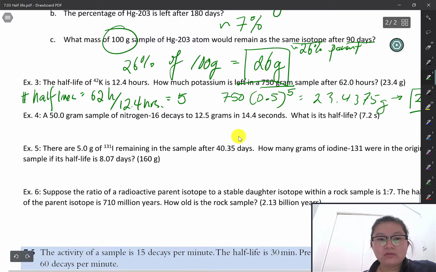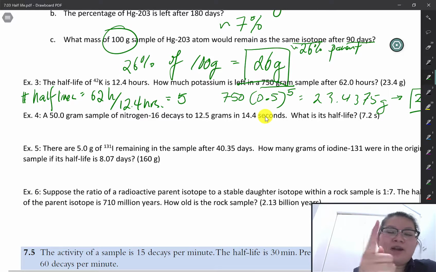We know the final amount and the initial amount, and all the time the sample has been decaying is 14.4 seconds. We don't know how many half-lives have occurred.